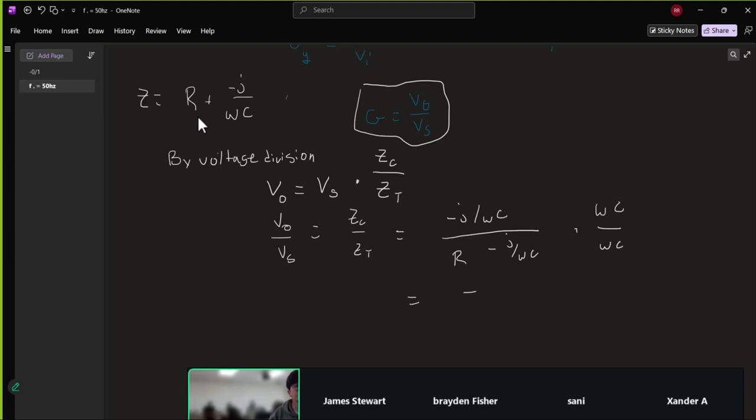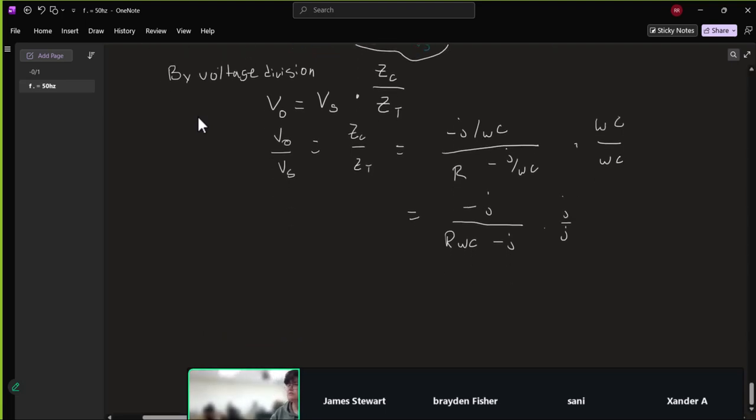And then you get minus J over R omega c minus J. And we really want our J to be with our omega, so I'll multiply by J over J. And this gives me 1 over RC J omega plus 1.